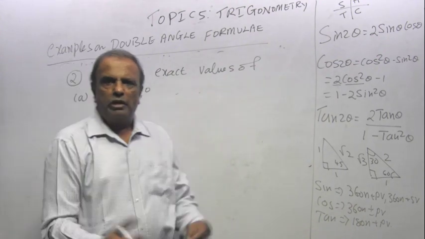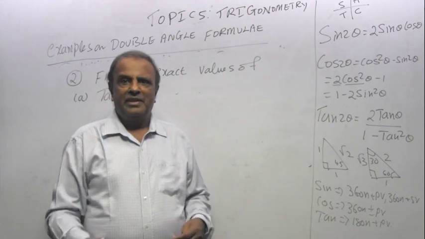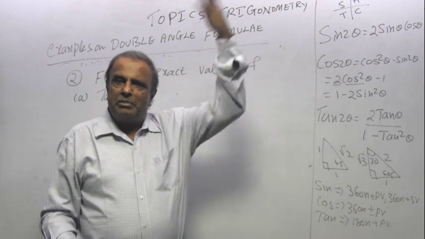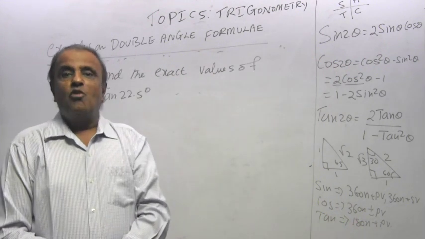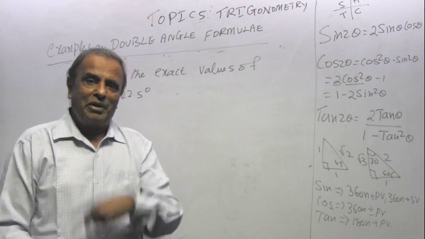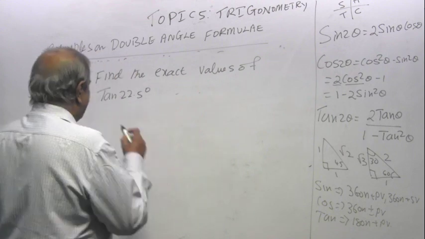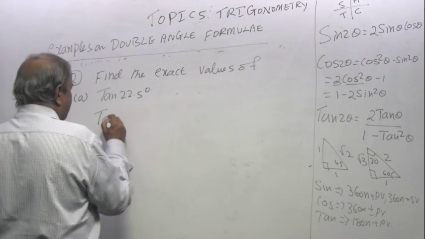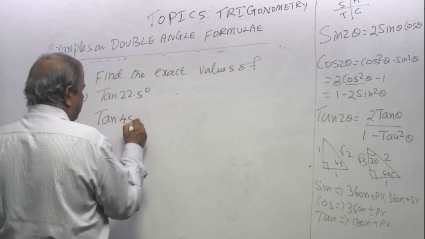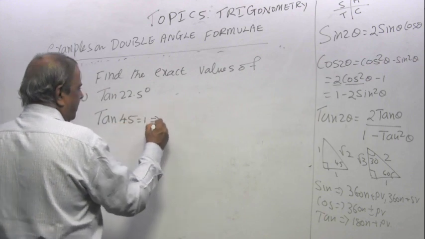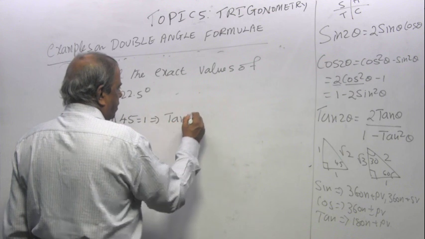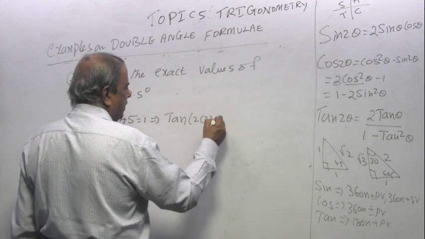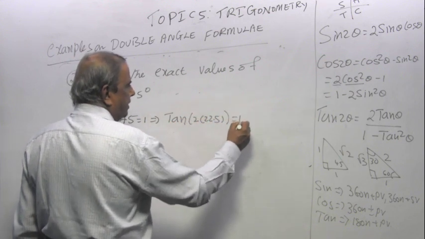Where, out of the blue, did I get 22.5? We are in double angle, so double 22.5, what do you get? 45. What's tan 45? 1. So, can I say tan of 45 is 1, which is tan of 2 times 22.5 equals 1.